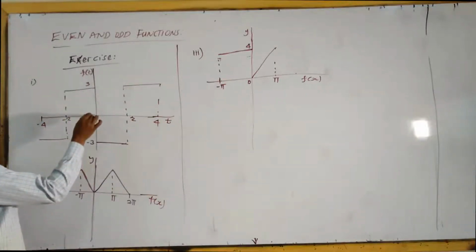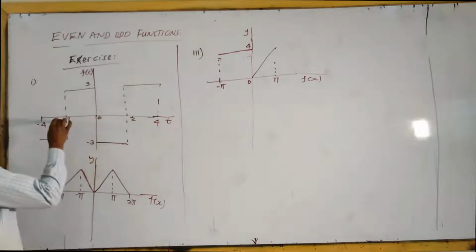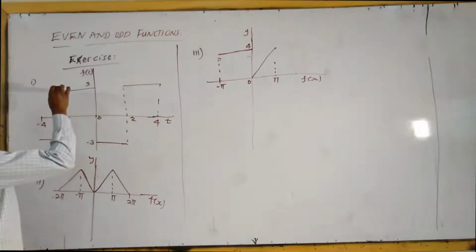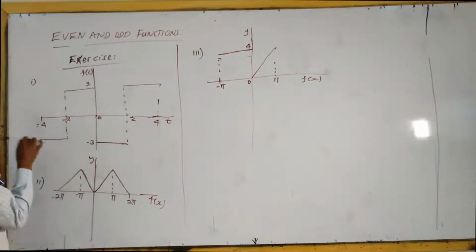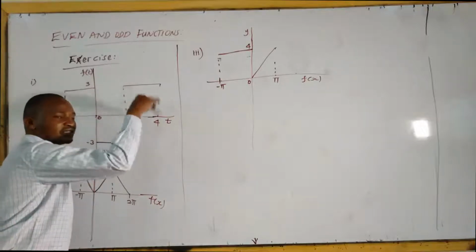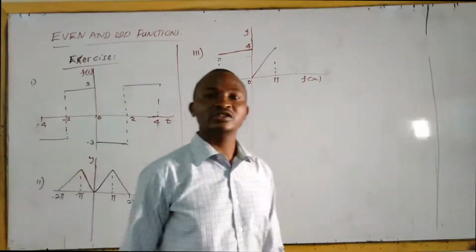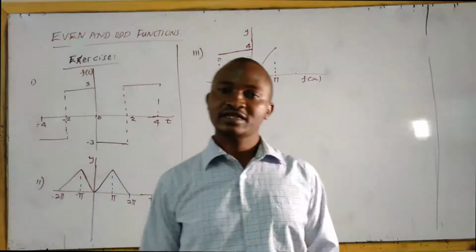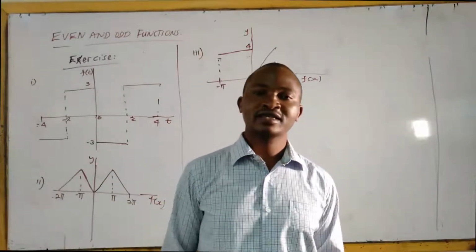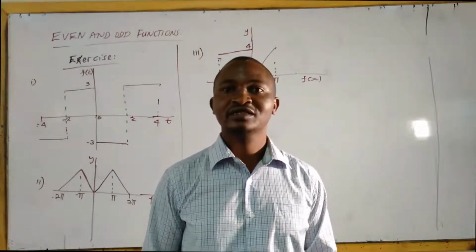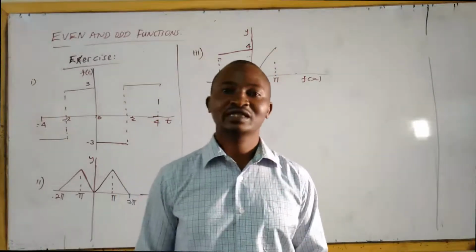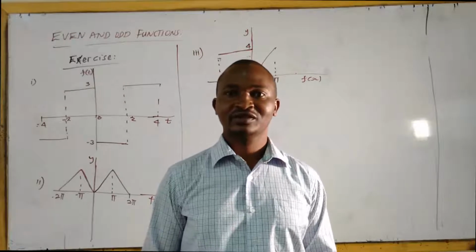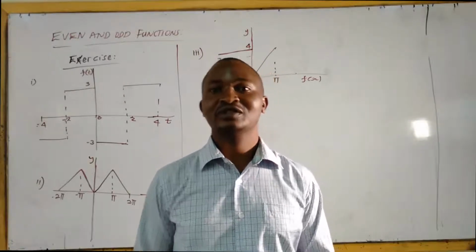Between 0 and -2, the function is +3. And between -2 and -4, the function is -3. So, is this curve, or is that function, odd or even? Is it symmetric about the y-axis, or symmetric about the origin? Pause the video and take a moment to give your answer.